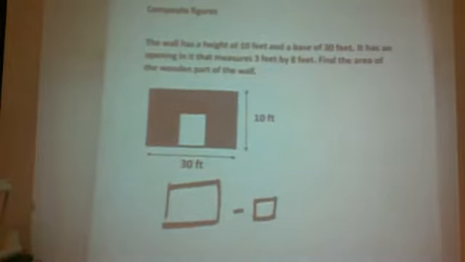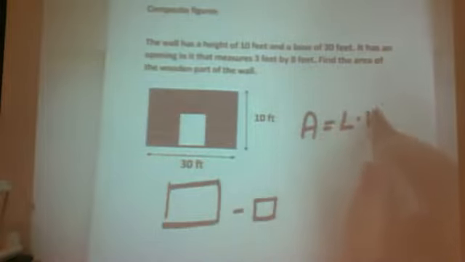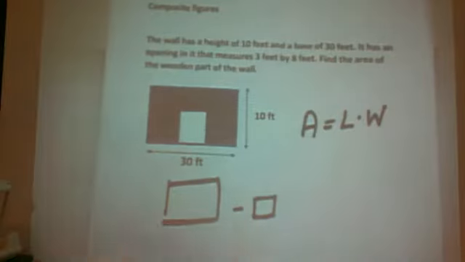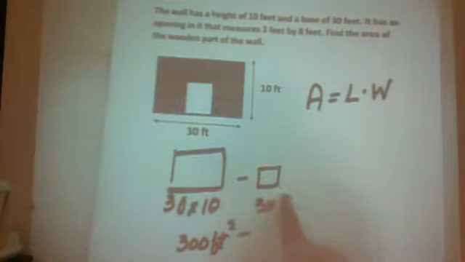So the area for the big wall is a rectangle. So the formula we're going to use for both of these is length times width. So the length of this one is 30 times 10. So that would give us an area of 300 feet squared minus the doorway that got cut out, which was 3 by 8. So that gives us 24 feet squared.